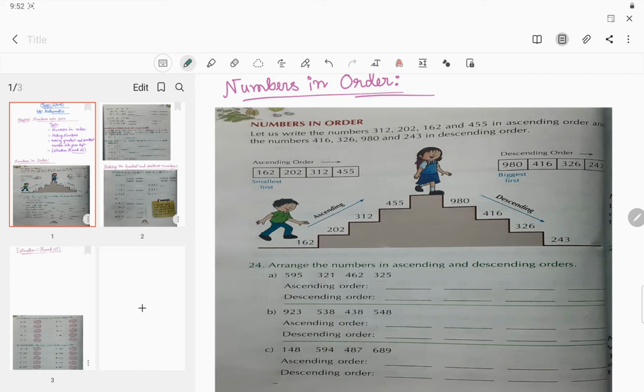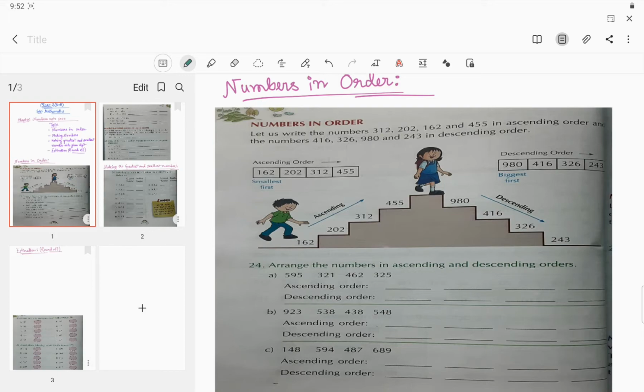I think we already have done this topic, numbers in order, in the previous chapters, in the first unit syllabus.